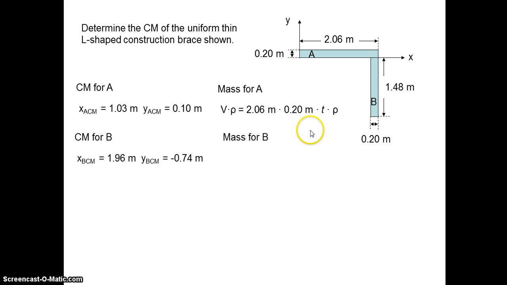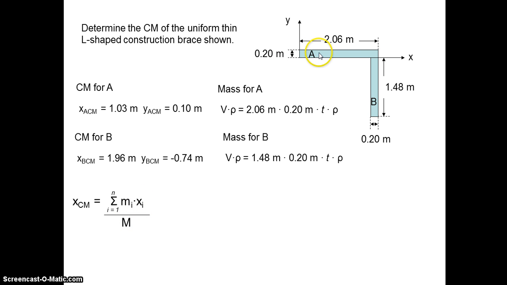For mass B, we have again the volume times the density, which would be 1.48 times 0.2 times some thickness T, and then multiply that volume by its density. So let's use a definition for center of mass that we just found. And that would be the sum of all the individual mass elements times their position divided by the total mass.